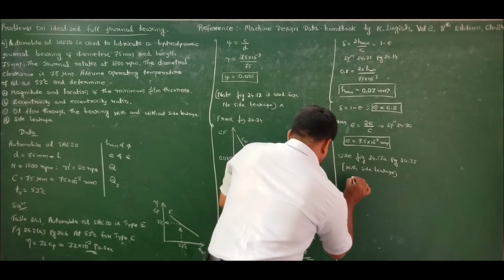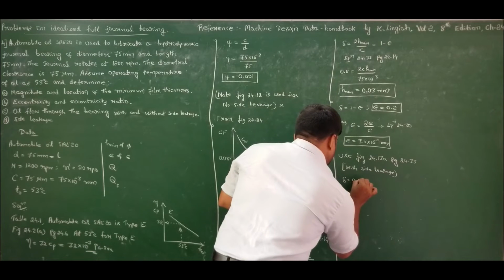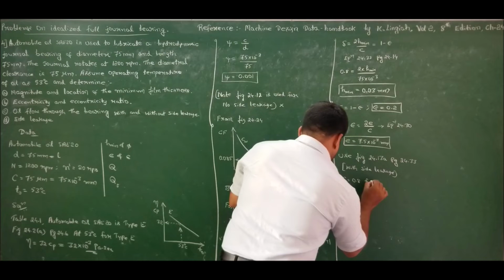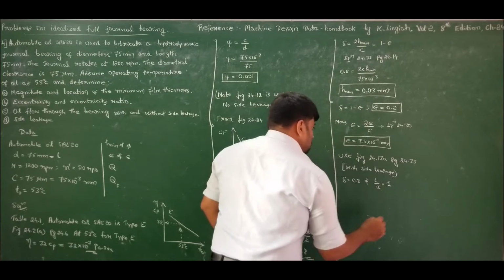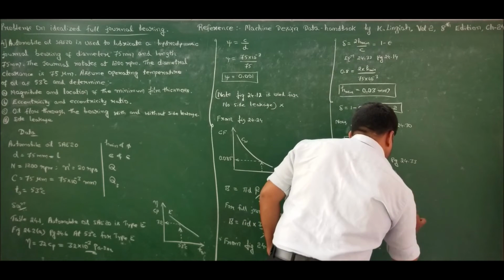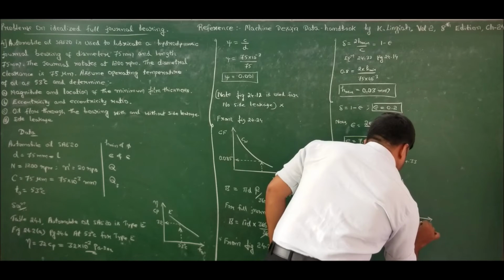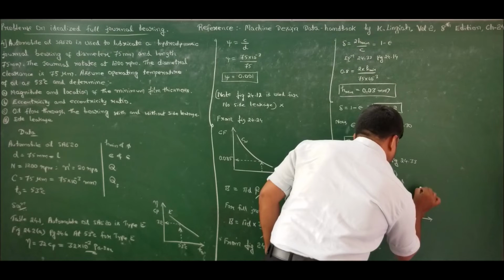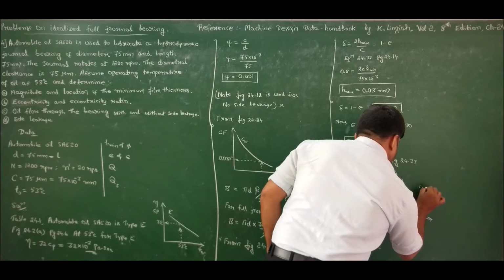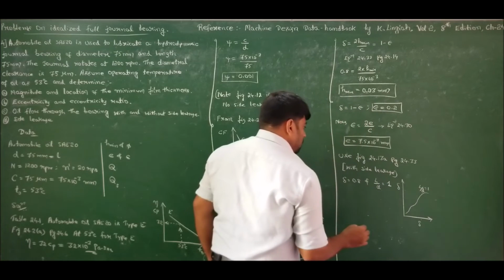Now we have the value of delta. Delta is 0.8 and the L by D ratio is 1. So from this graph, we have the Sommerfeld number versus L by D ratio curve, and here we have the value of flow variable delta.